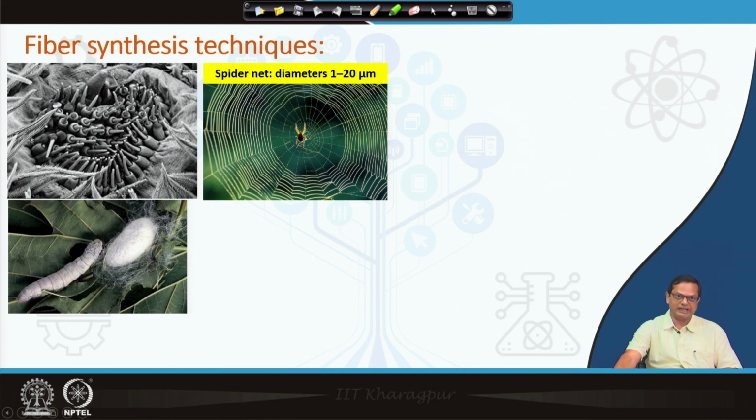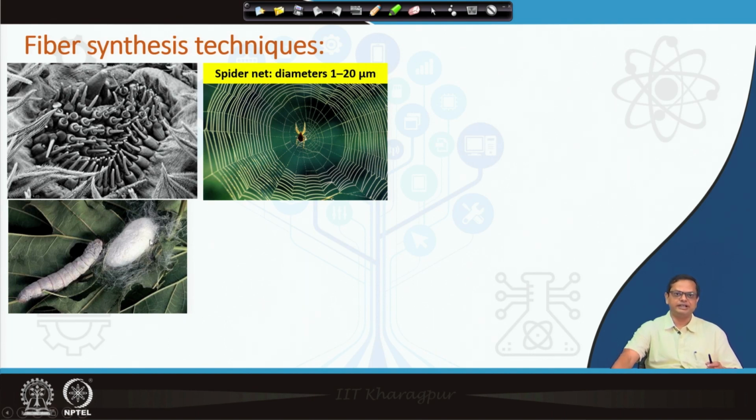This particular area is called the spinneret, and inside the sac, the spiders store their milk. Once a particular pressure is applied through these holes, that milk comes out at a very high velocity and gets solidified. This process, where you have a spinneret through which the fiber is spinning out, is called spinning.